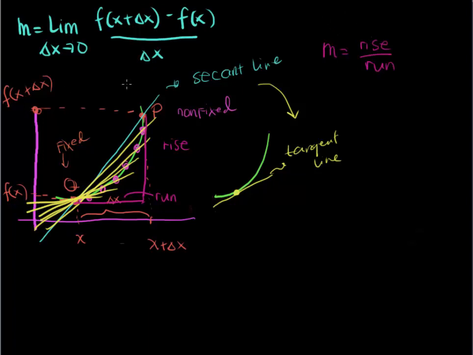Okay, the y value of this point here is y equals f of x plus delta x. And the y value of this point here is what? f of x. Now, how do we know the distance from this point to this point?